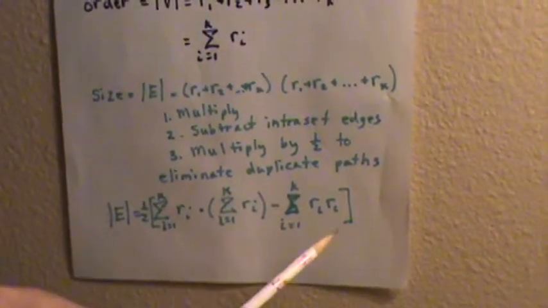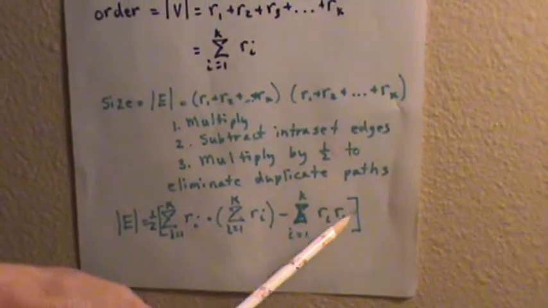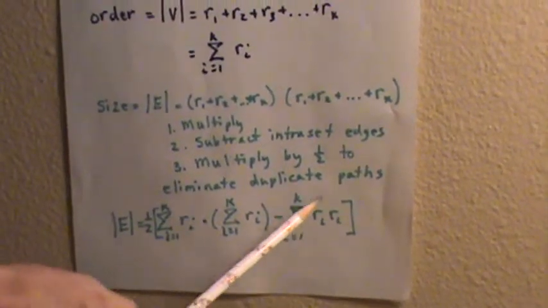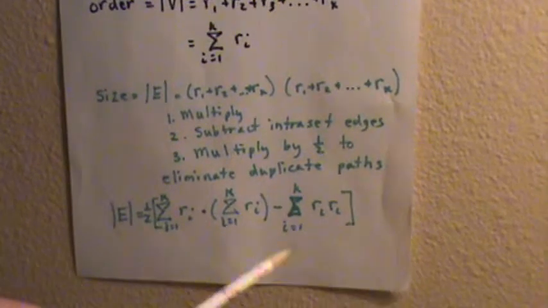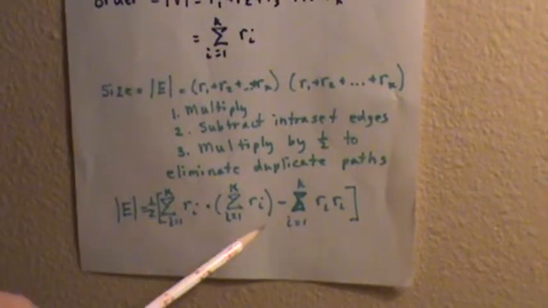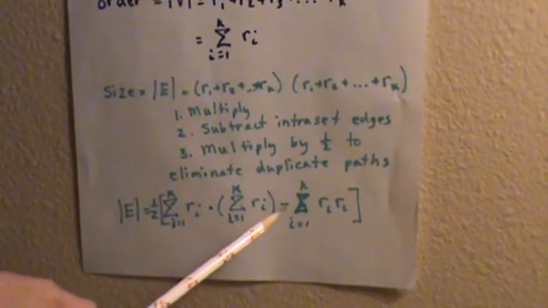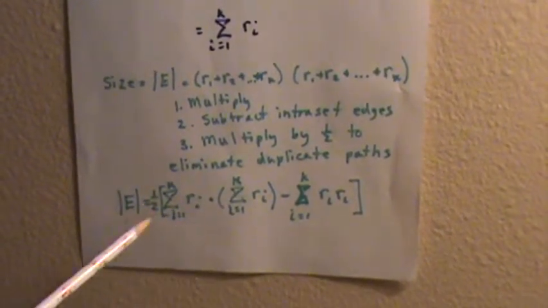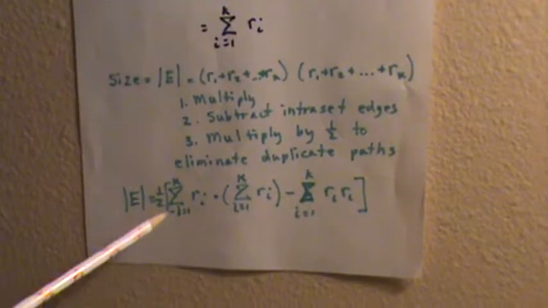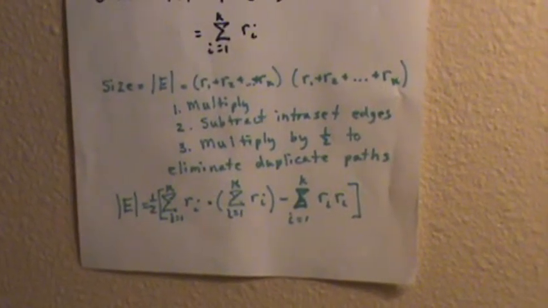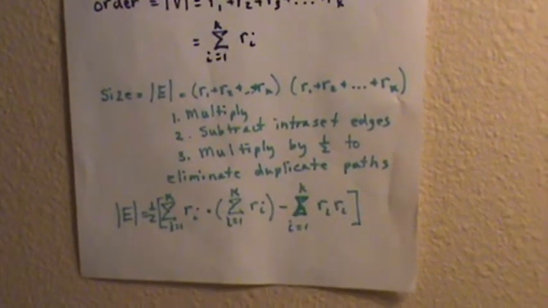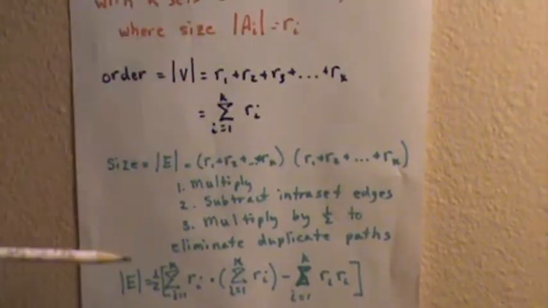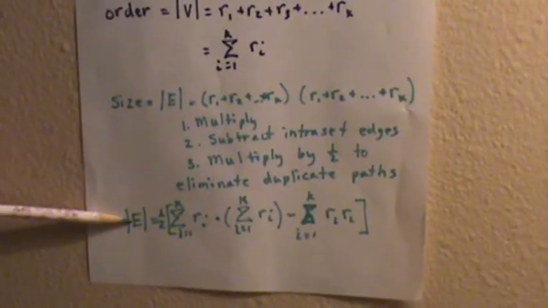What we're seeing here is this piece is going to subtract our intrasets. The 1/2 is then going to take care of the duplication. And that's how we find the order and the size of a k-partite.